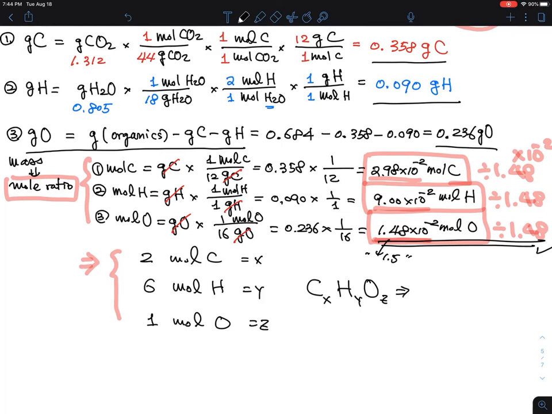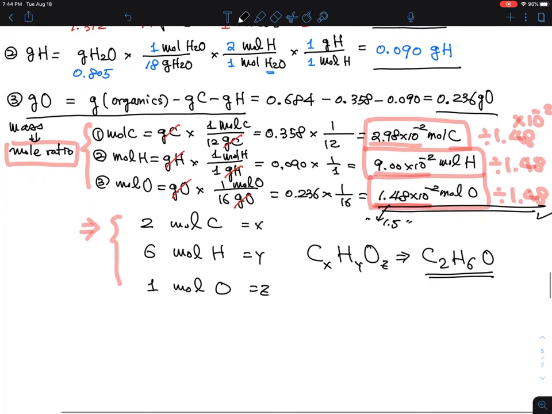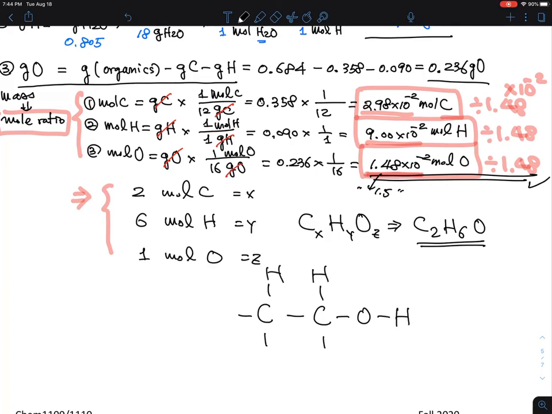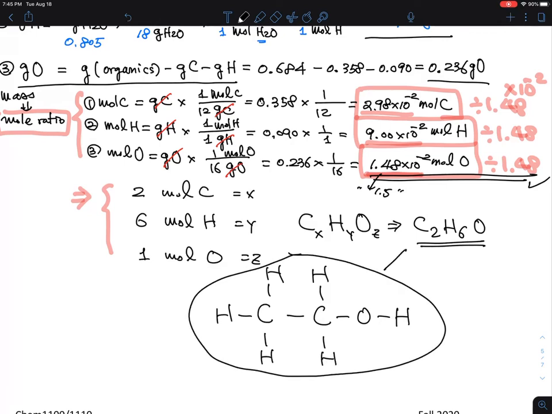Now the empirical formula is C2H6O. That is a compound with 2 carbons, and I can easily imagine carbon and carbon with hydrogens and oxygen. So this must be the compound, one of the examples here.